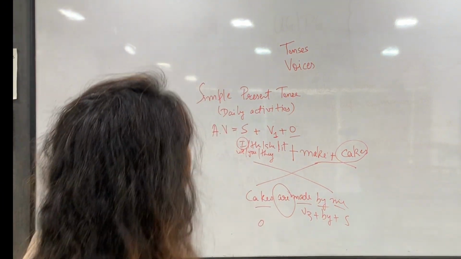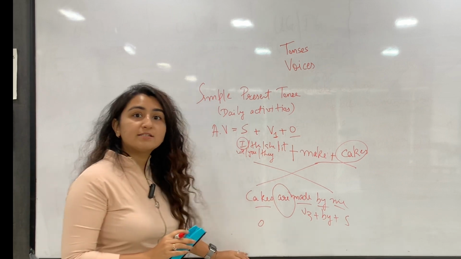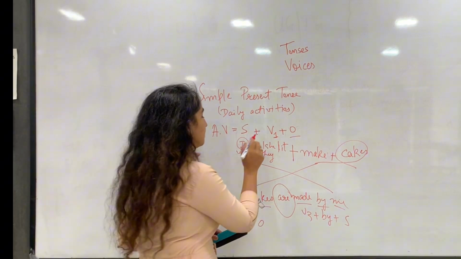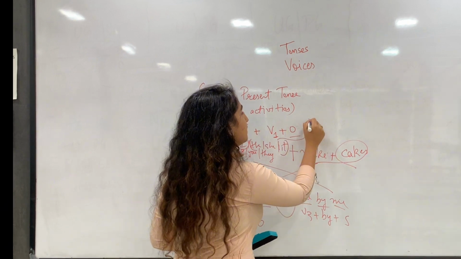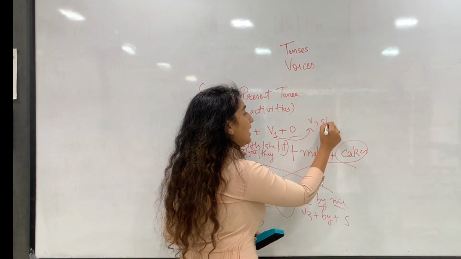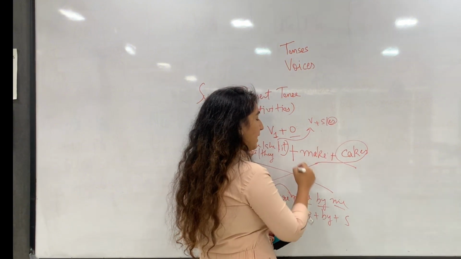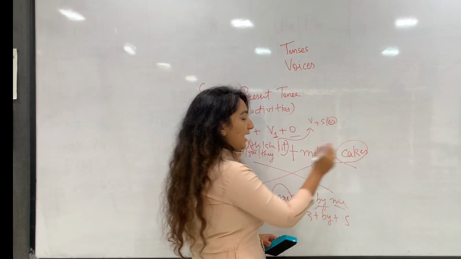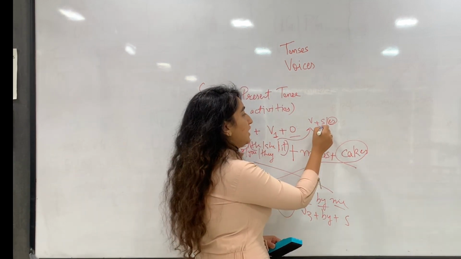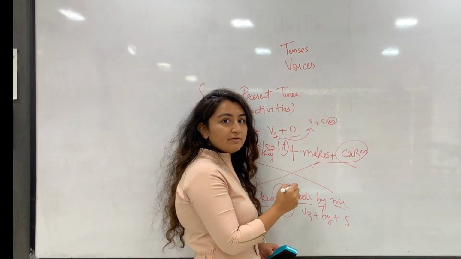Okay. Now, if I just show, present simple tense is clear, okay, just one rule, that is with he, she and it, the verb has to end with s or es. That is, here my sentence would have been Khushi makes cakes, because Khushi is she. So I would write s with it.